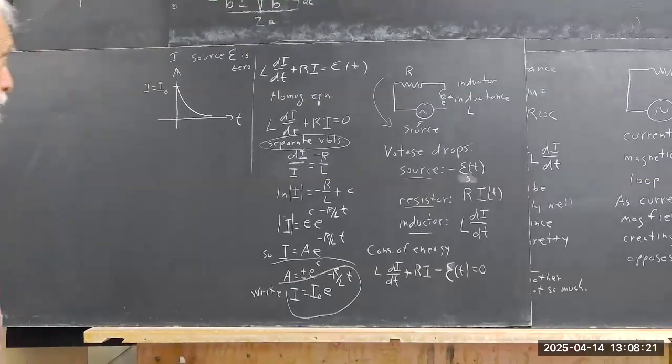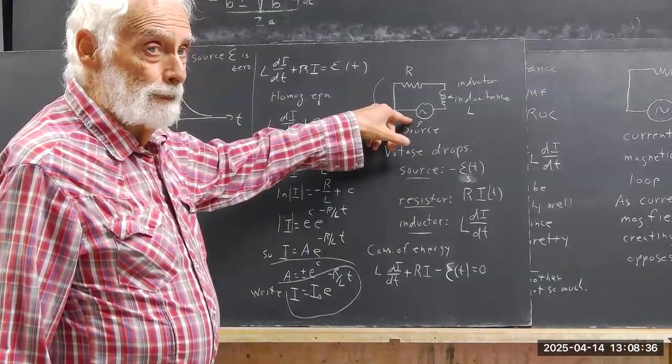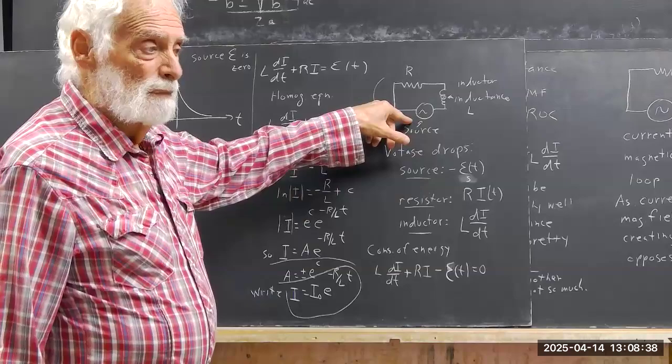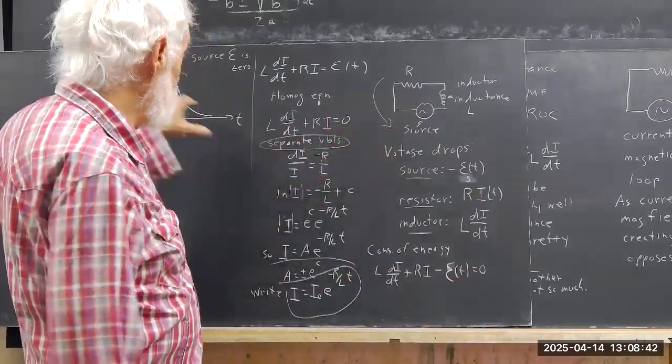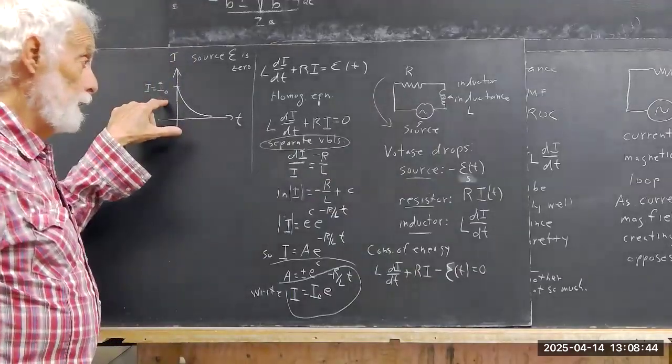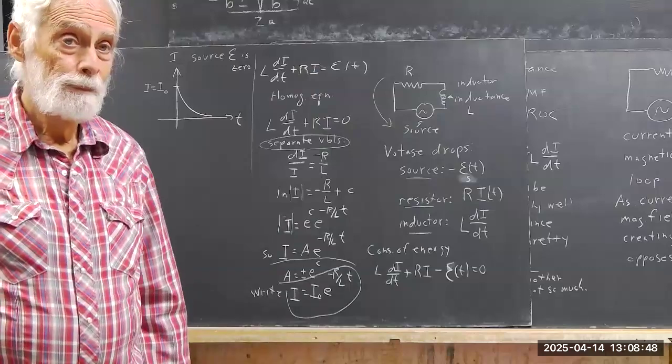Now, the problem we're going to have trying to observe this in lab, and it's fairly easy to observe, is a parallel combination of just a battery. Doesn't even have to be an AC source to get an initial current in here, and a switch where we just cut it off.